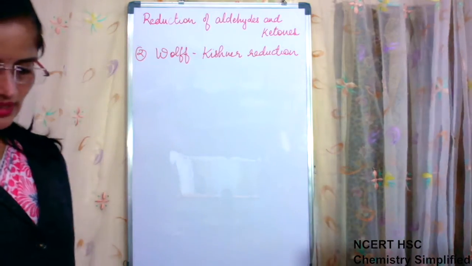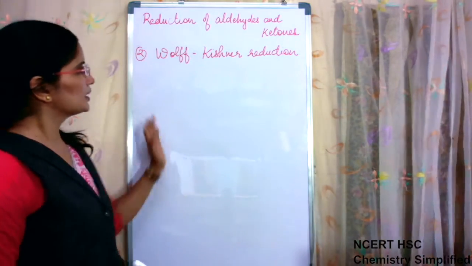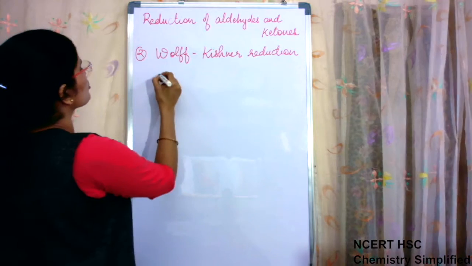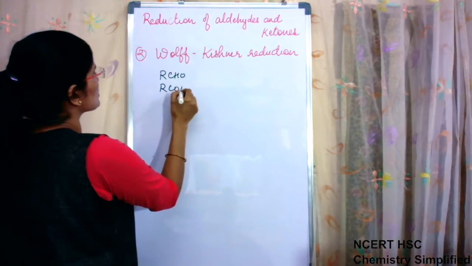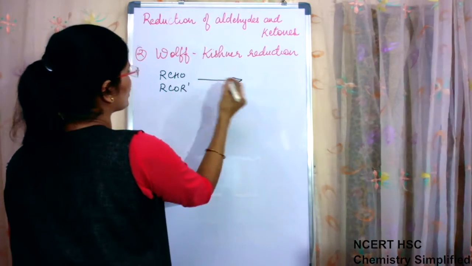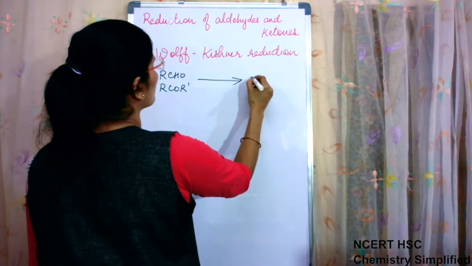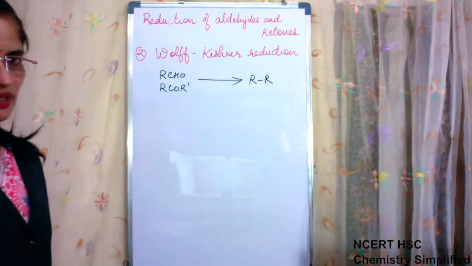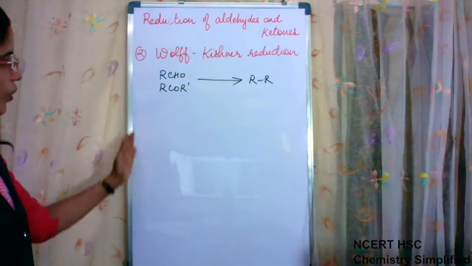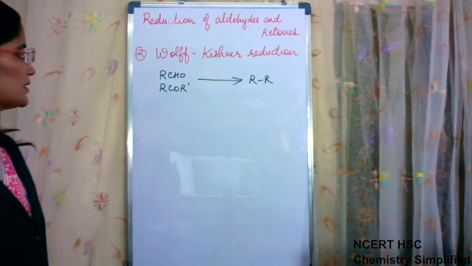The next name reaction is Wolff-Kishner reduction. In this reaction also, aldehydes or ketones are reduced to form alkanes. Now, we have to see what reagents are used here.